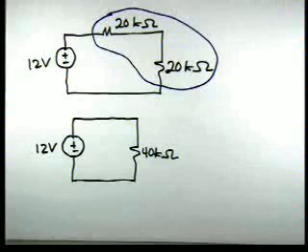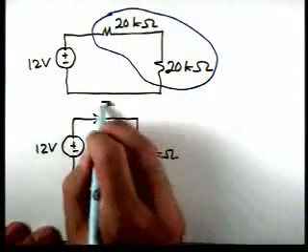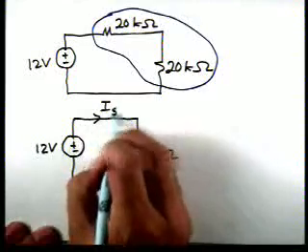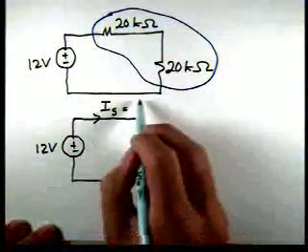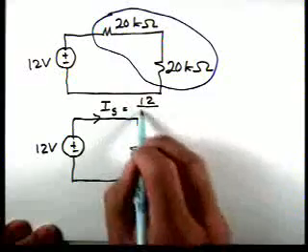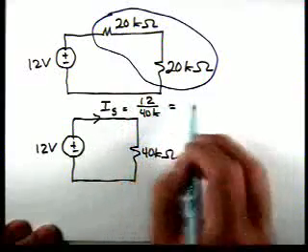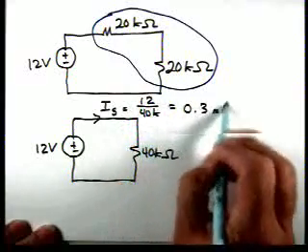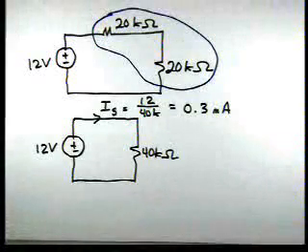Okay, now step 2 says determine the source current. So we'll call that current IS. IS is 12 divided by 40K, which is 0.3 milliamps.